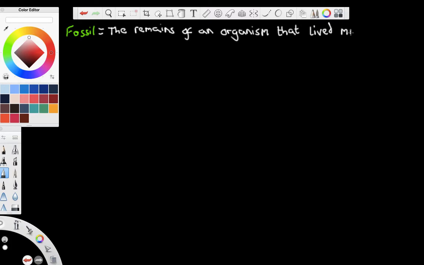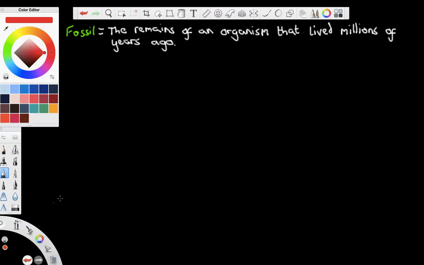Now, as I say, they do not consist of the actual bones. Okay. Fossils are usually formed in mud, silt or sand when there is no oxygen present, so that microorganisms do not decay the hard parts.